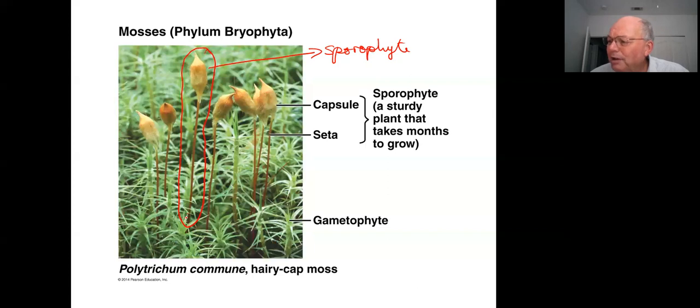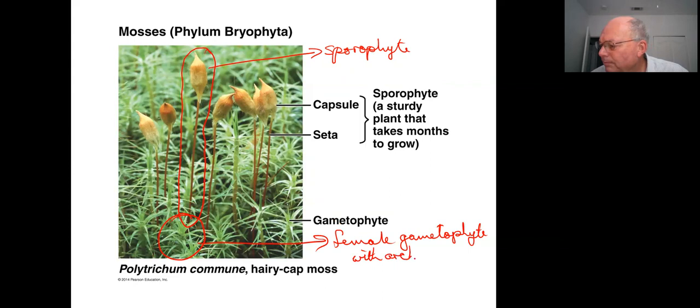So at the base of this sporophyte, you'll have a female gametophyte with the archegonium. Remember, fertilization takes place in the archegonium and the sporophyte grows out of there. So these are the features that you're going to see when you look at a typical moss.